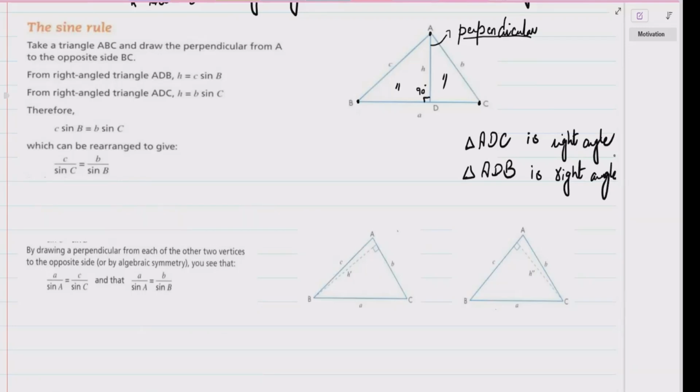So when we draw a perpendicular from any point of a triangle, we get two right angle triangles. Let's find this h using triangle ABD. We know the rule, right? Some people have curly brown hair.